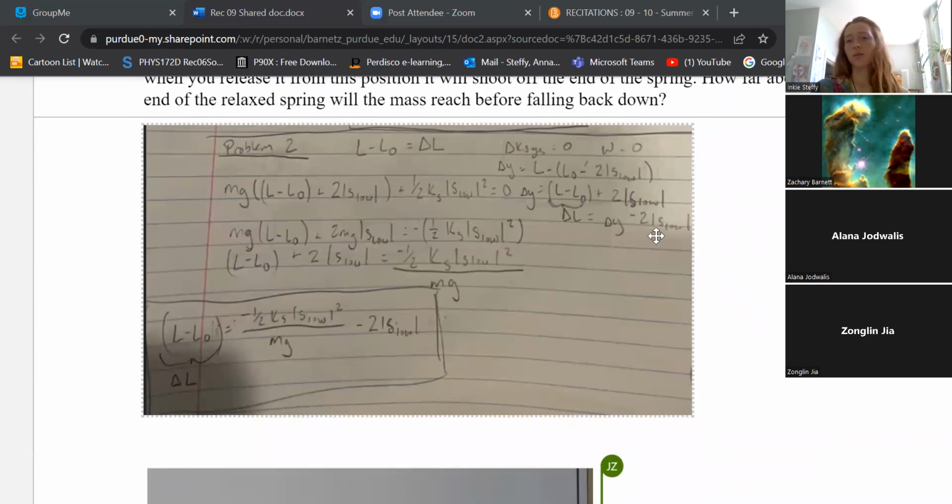How did you approach this one, guys? I was a little confused. Yeah, this one is a weirder one, but it's a similar principle, I believe. You use the energy principle like we did before, and we replaced delta y with our own equation that we came up with based on what we were trying to solve for, which is the change in L. I have it in the top right there.